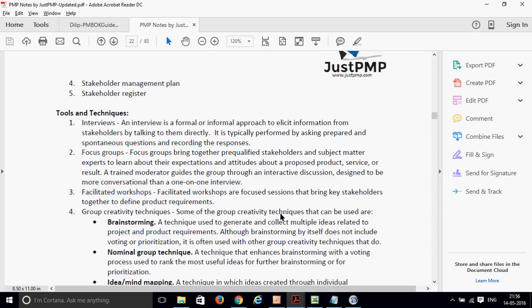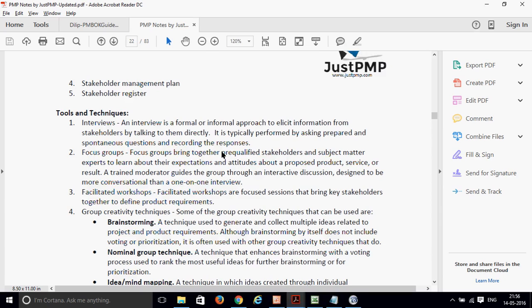But here, the key stakeholders will tell you what the product requirement is. Focus group is nothing but pre-qualified stakeholders; they are not just started like a customer.